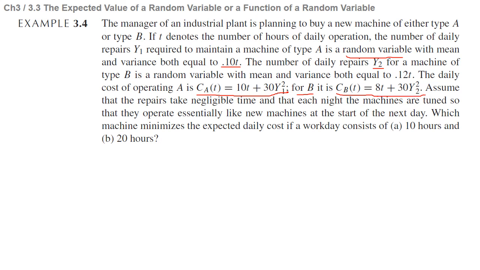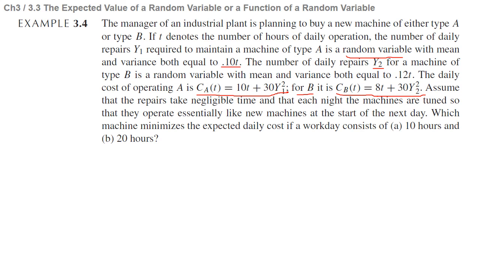Okay, and assume that the repairs take negligible time, and that each night the machines are tuned so that they operate essentially like new machines at the start of the next day.